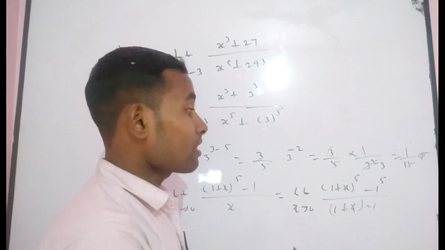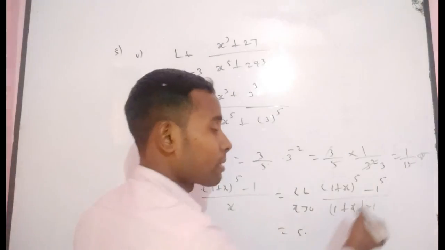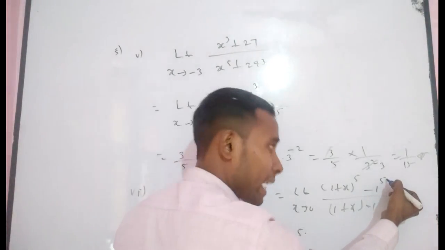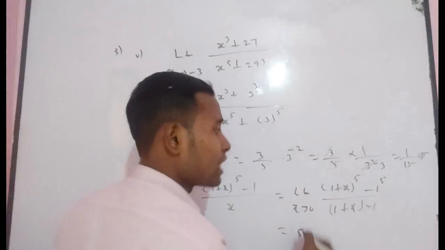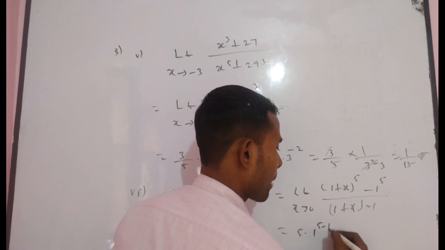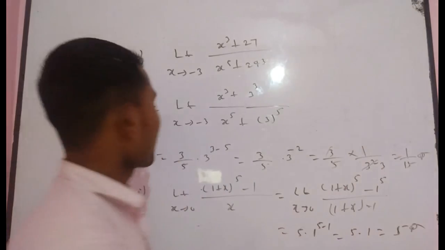Definitely in this case it follows the first formula. So here a is equal to 1 and n is equal to 5. You can write n into a to the power (n minus 1), that means 5 into 1 to the power (5 minus 1), that will be 5, which is your final answer.